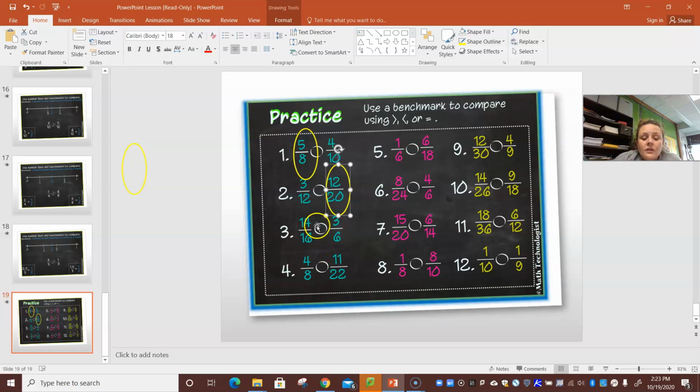How about 14/16 or 3/6? Well, what should we think to ourselves first? Well, 8/16 would be a half, and so 14/16 is greater, because 14 is much greater than 8. 3/6 is actually equivalent to a half. It actually is a half. If I have a pizza split into 6 pieces and I'm talking about 3 of them, it's a half.